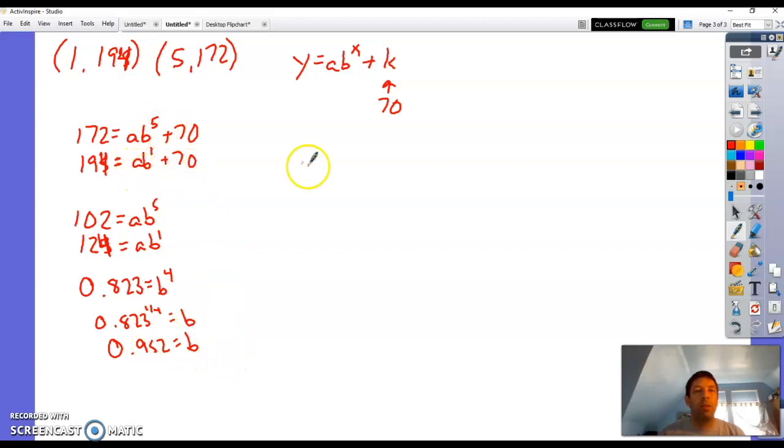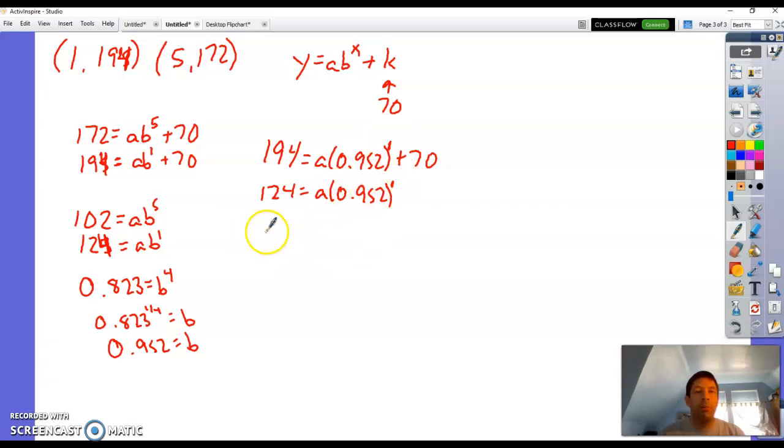I'm going to plug it into this equation to find a. 194 equals a times 0.952 plus 70. So first I need to subtract this 70 over. And this was just 0.952 to the 1st power.